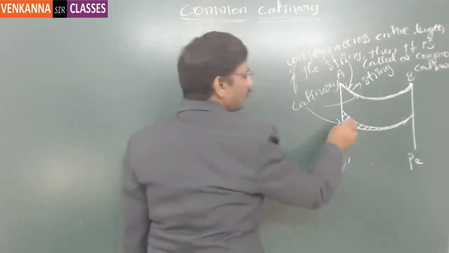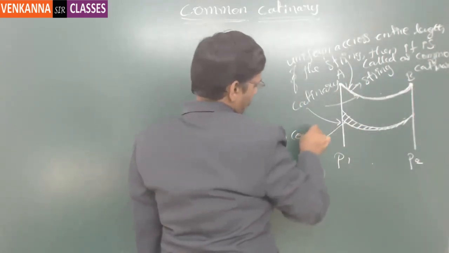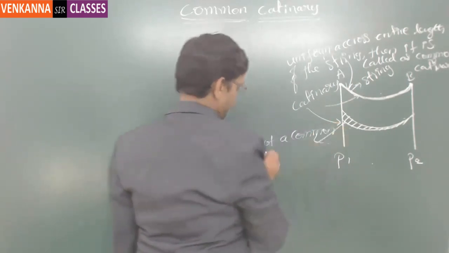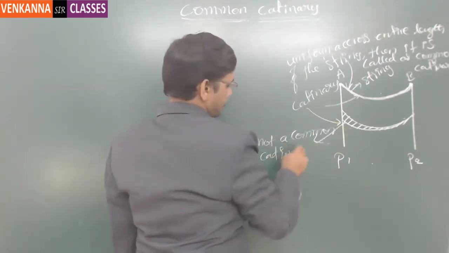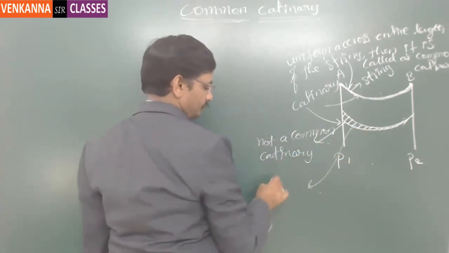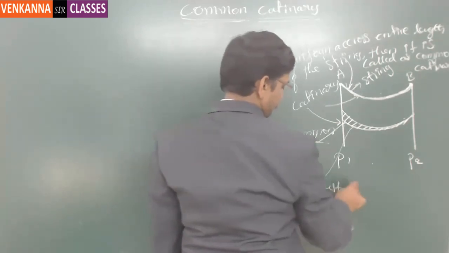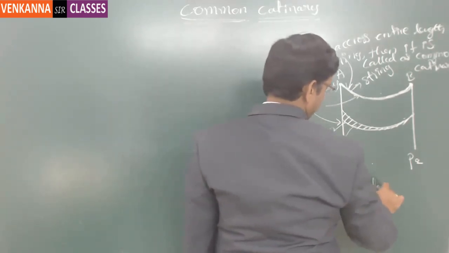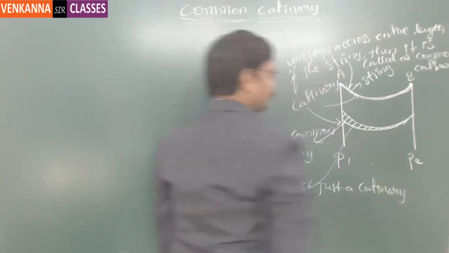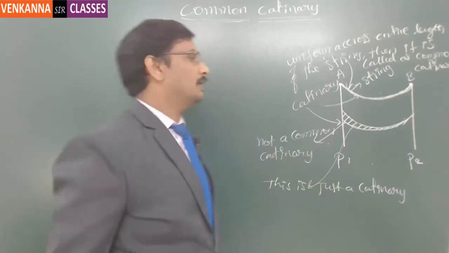So this is not a common catenary, but this can be called just a catenary. Got it? This is also called a uniform catenary.